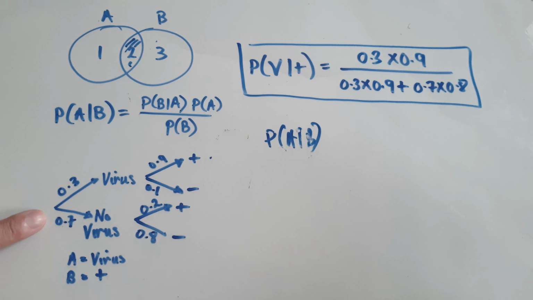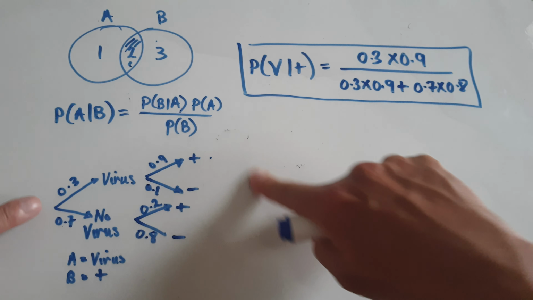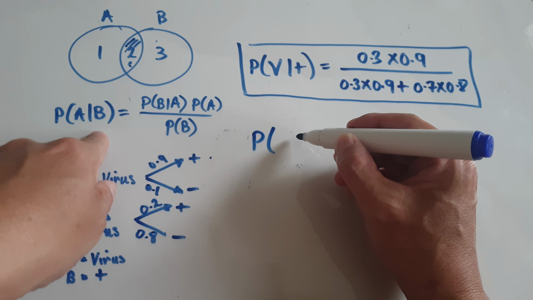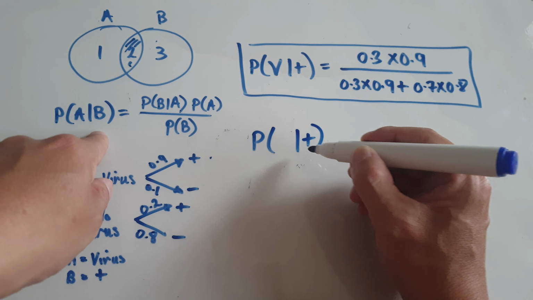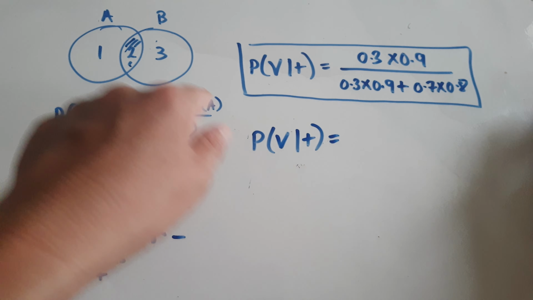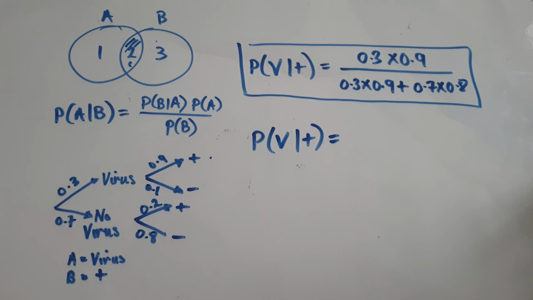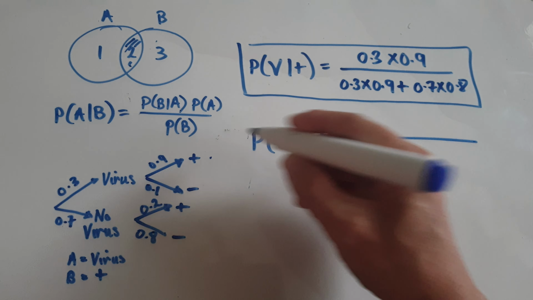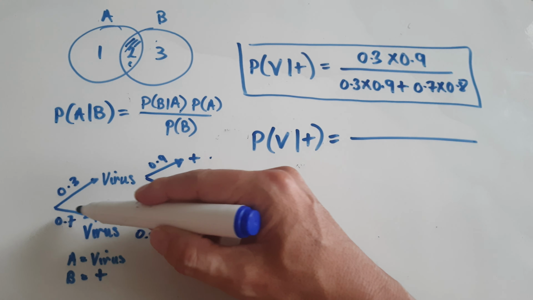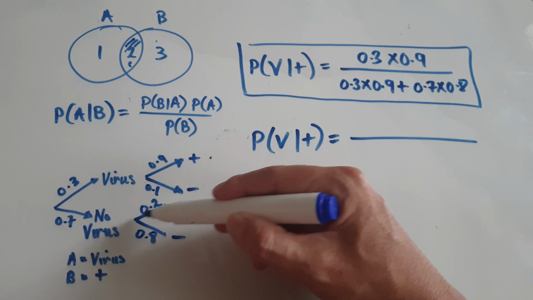Now let's use Bayes' theorem. So Bayes' theorem says, A and B in our case will be, given a positive, what's the probability of us having a virus? So that would be the whole probability of B. So remember, B is like positive. What's the probability of you being positive? It would be this branch and this branch.